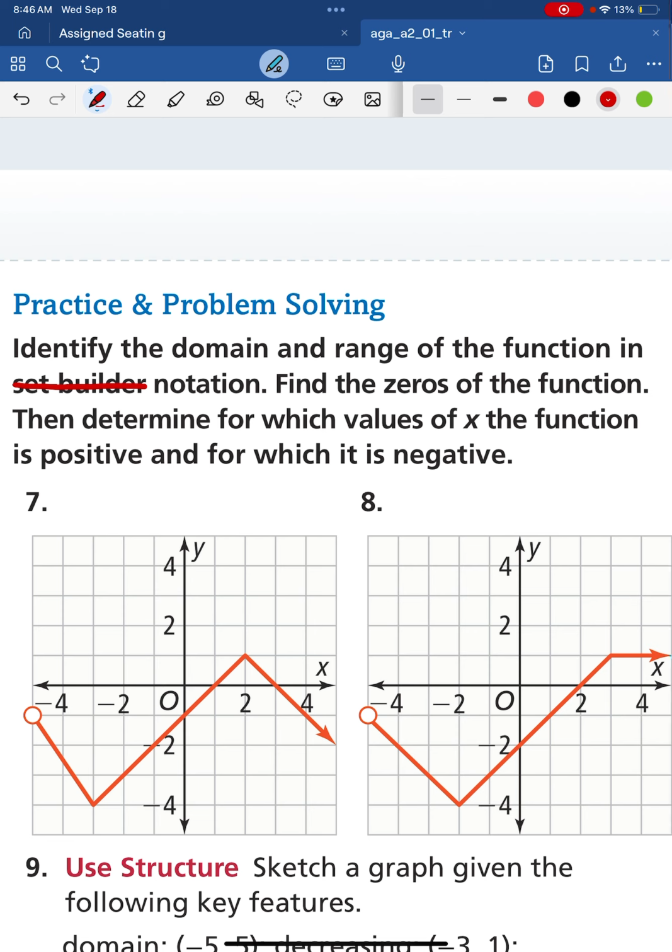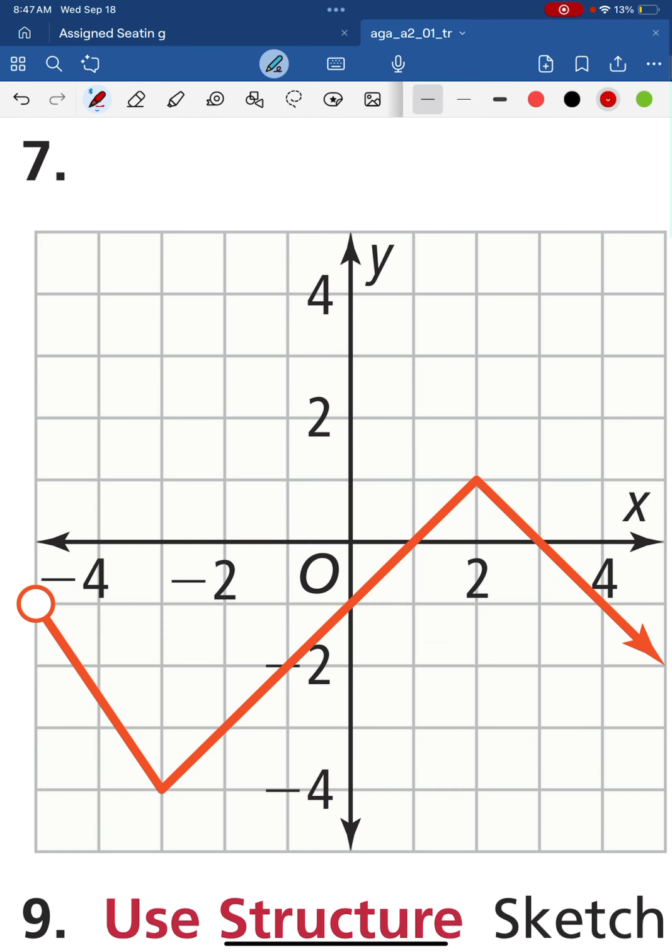So to identify my domain and range, remember that my domain is my x values. In my range, I'm only concerned about my y values. So we'll start with function number 7. My domain, my smallest x value is -5.